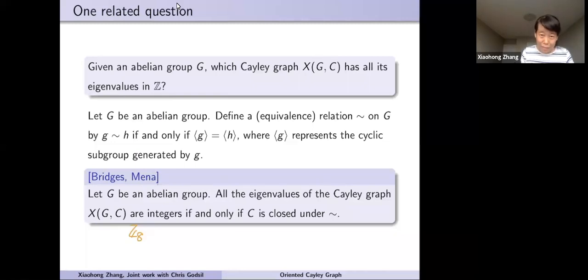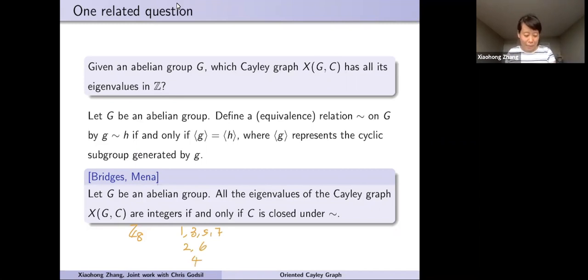So they are equivalent: 1, 3, 5, 7. Or we have the subgroup of order 4, which is 2 and 6. Of order 2, there's 4.